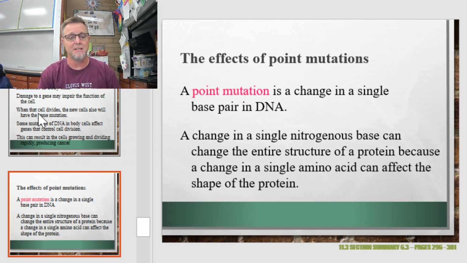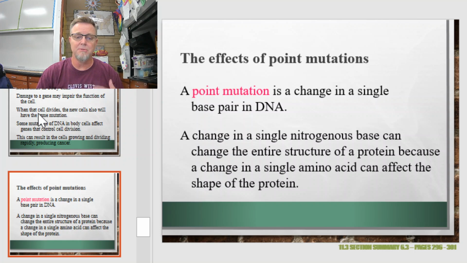A change in a single nitrogenous base can actually change the entire structure of a protein, but the reality of it is it really depends on where that point mutation happens. As you'll learn as we get deeper into transcription and translation, or basically protein synthesis, each amino acid in a protein sequence is coded for by 3 separate bases in DNA.